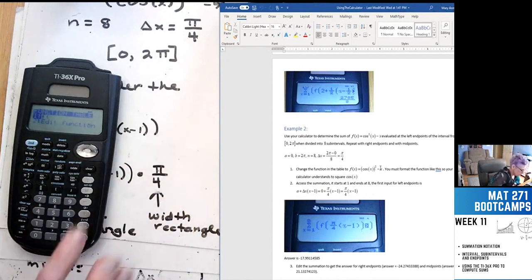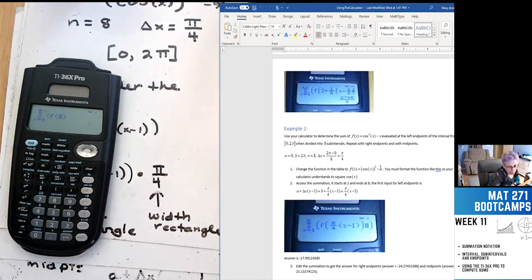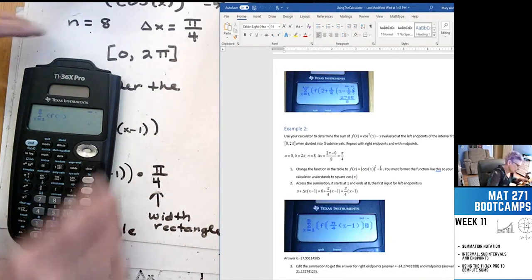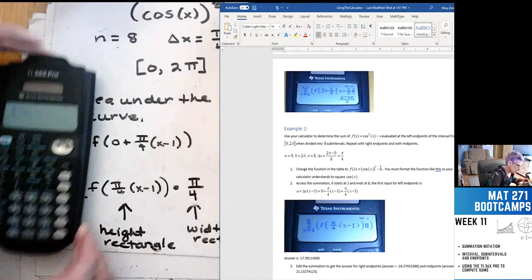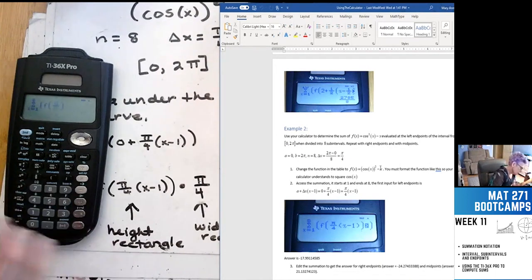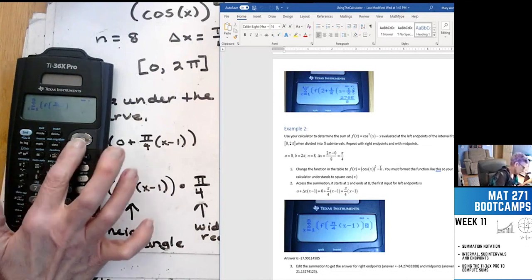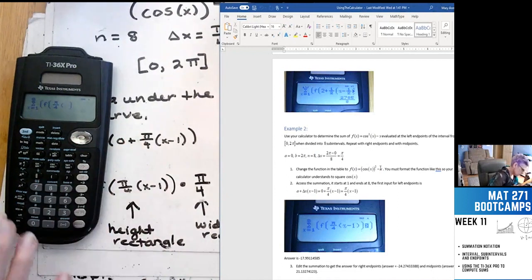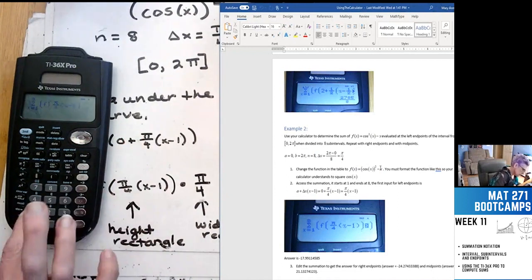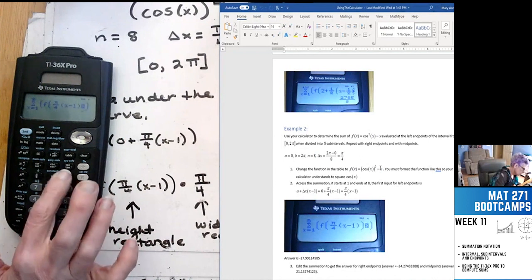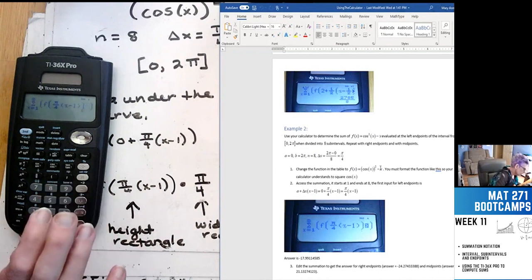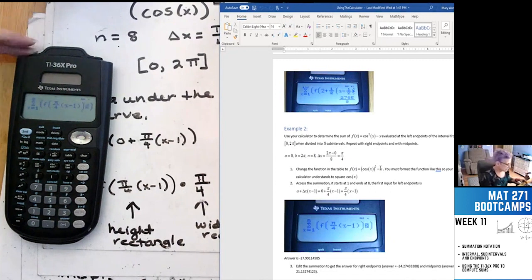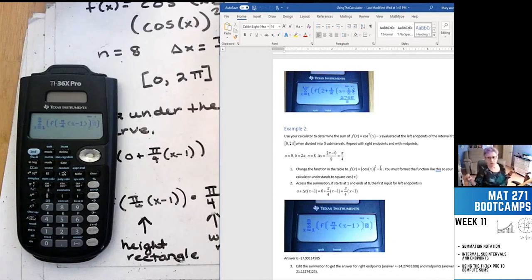F of, so table, enter, 0 plus, don't have to put that down, so that's one less place for me to make a mistake. Delta x, which is pi over 4 times x minus 1, because I'm starting with left rectangles, and I close my f of parentheses. Again, I say it out loud every time I do it so I don't forget.